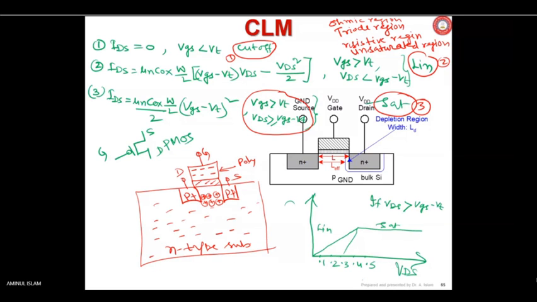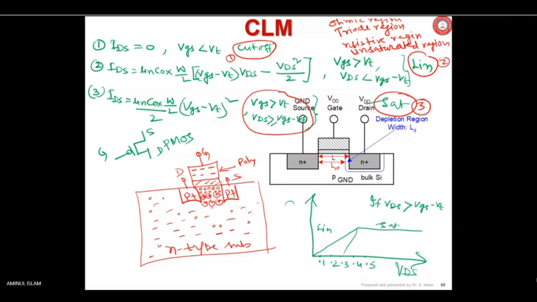That increased electric field will attract the minority holes. Minority holes are there because of thermal generation. Yes or no? Yes, sir. Minority carriers will be there in the N-type substrate, and those will be attracted by that strong electric field at the gate, right?